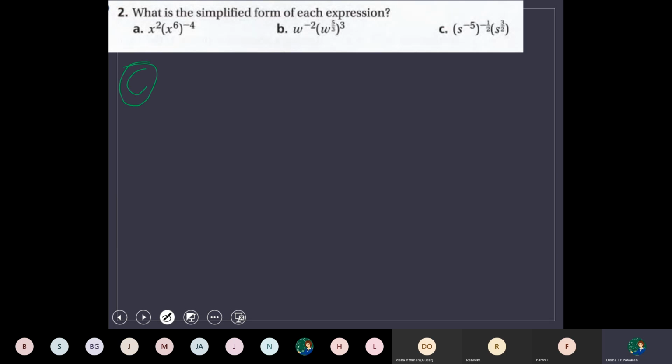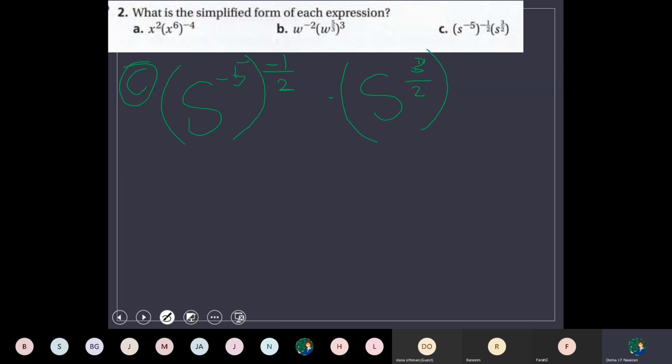I repeat C now. In C, s to the power negative 5 raised to the power negative 1 over 2, and then times s to the power 3 over 2. Then, the first step, I will do the exponents.